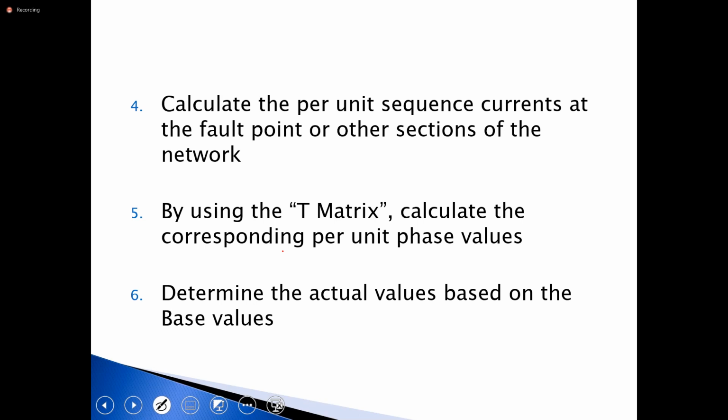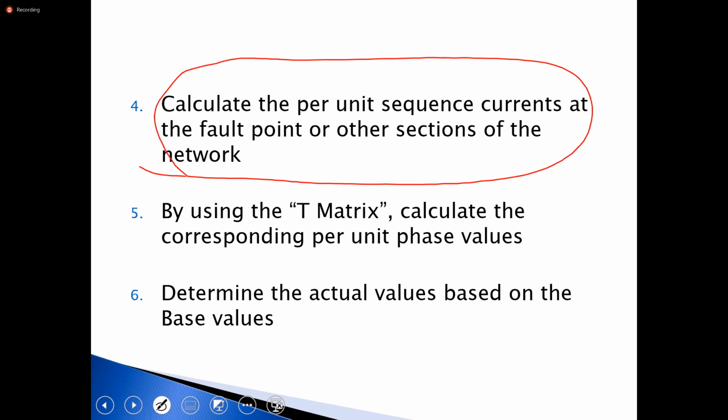So you use the T matrix to calculate the corresponding per unit phase values. So here, what you have are the sequence currents, which is the I0, the I1, and the I2. You then use the T matrix, and you're going to find now I_A, B, and C, or V_A, B, and C. All right?